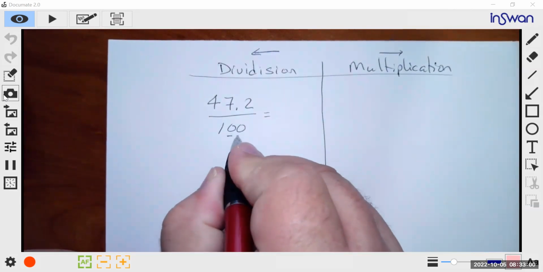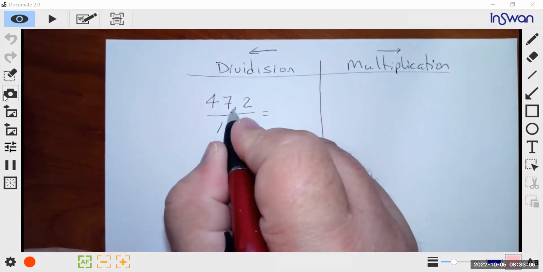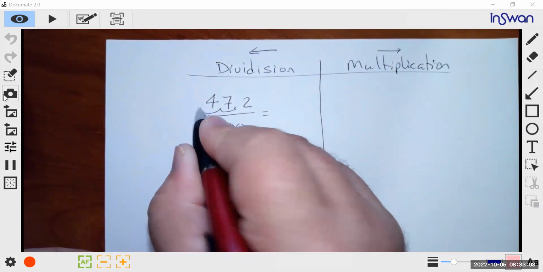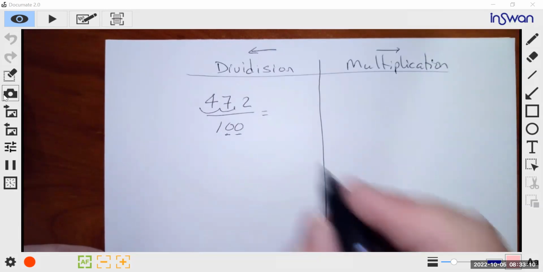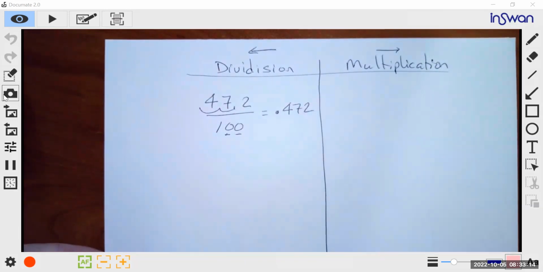Each zero is another decimal space. Since I have two zeros, I move it to the left 2 decimal places. So my answer is 0.472.